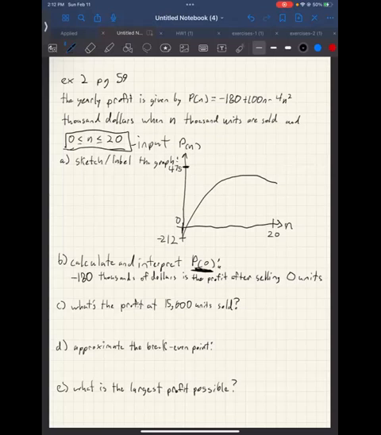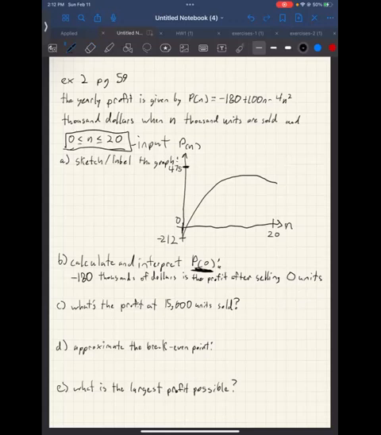And technically, I left something out that is fine in this case. It should really be 0 times thousands of units, right? Our inputs are in thousands of units sold. Well, 0,000 units is just 0 units, so I didn't feel the need to say 0,000 units, and you don't really have to.